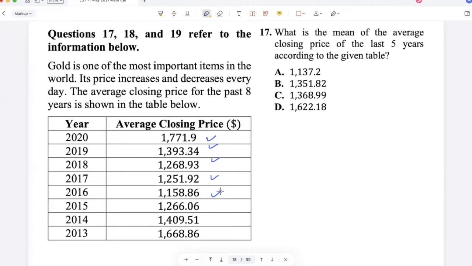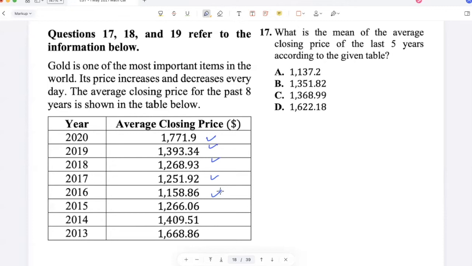Yeah, so let's just find out. 1771.9 plus 1393.34 plus 1268.93 plus 1251.92 plus 1158.86.